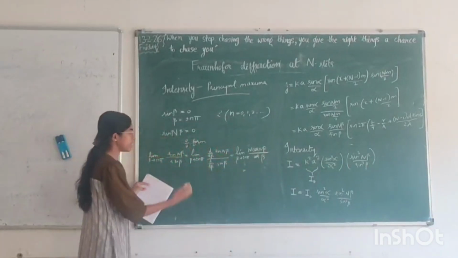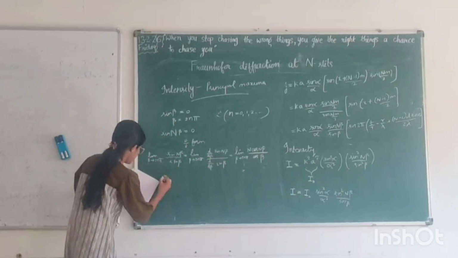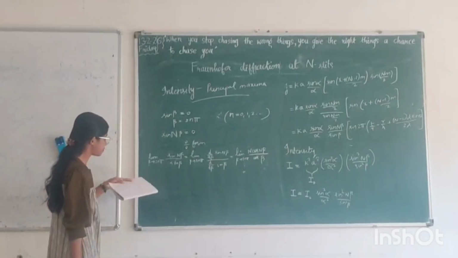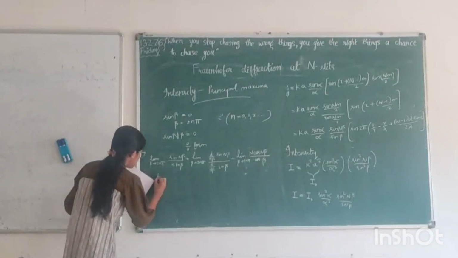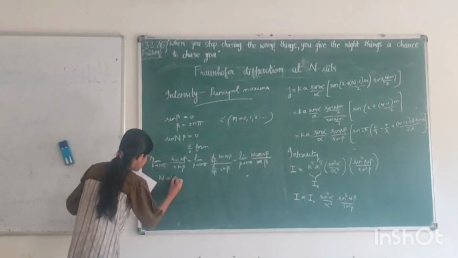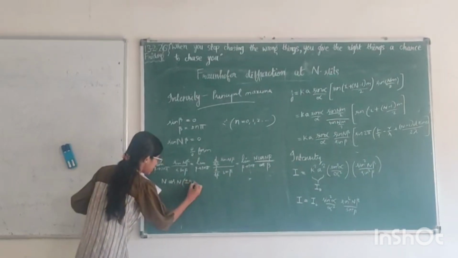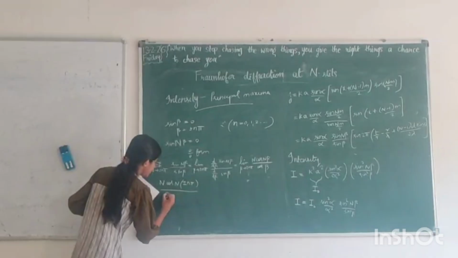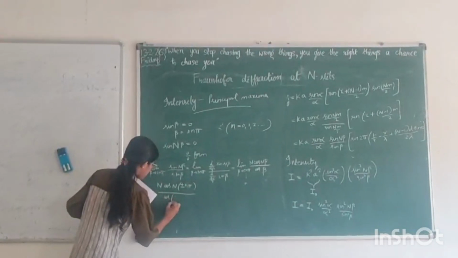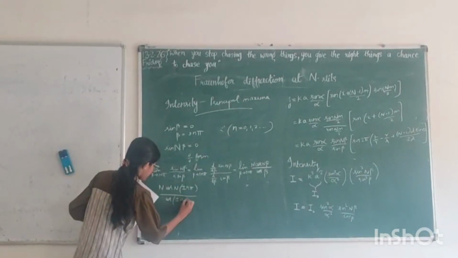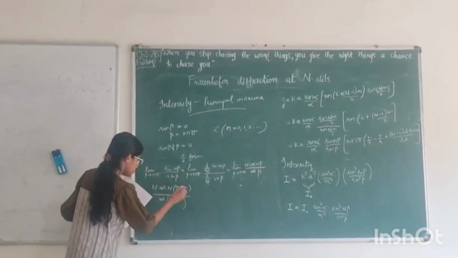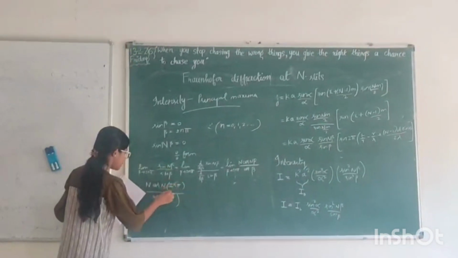Now take the limits inside. n cos n beta is n into cos of plus or minus n pi, divided by cos of plus or minus n pi. So this will get cancelled.